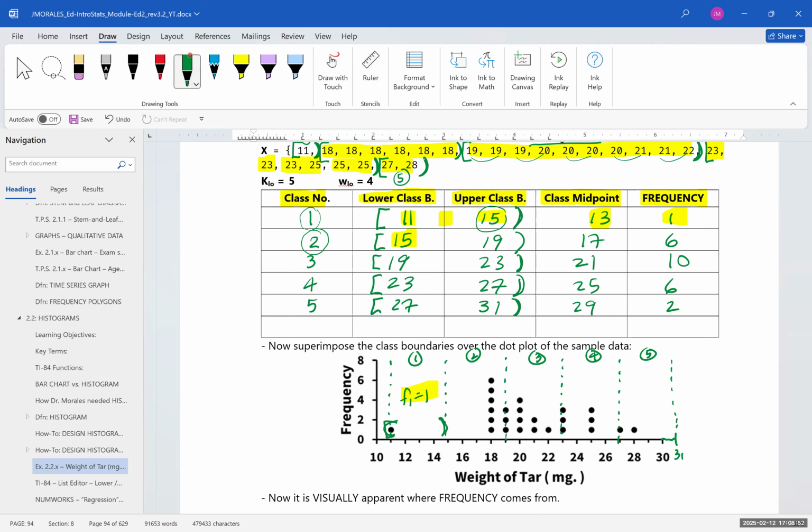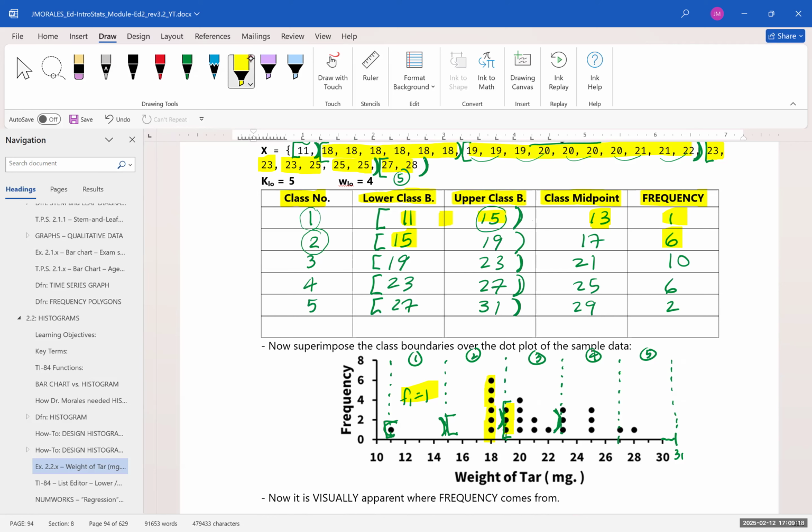In class 2, it includes 15, does not include 19. So how many do we have? 1, 2, 3, 4, 5, 6, which is what I put here. In class 3, it includes 19, but does not include 23. So how many do we have?